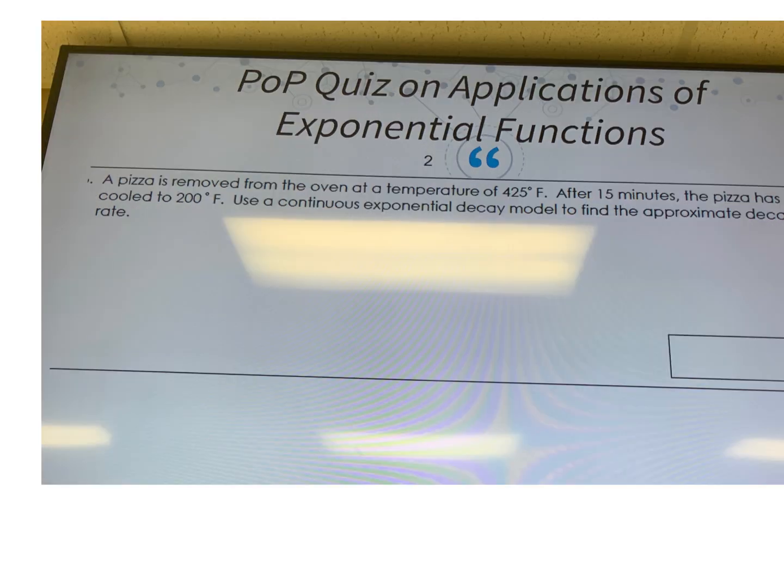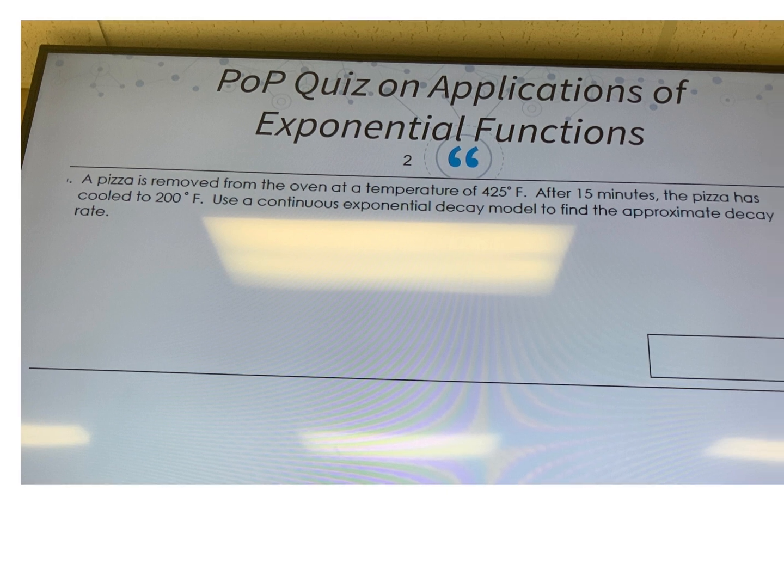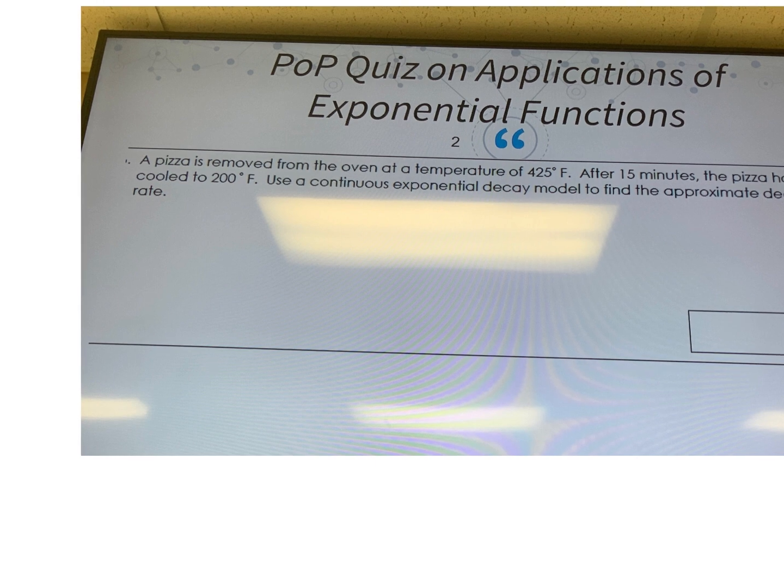So number 2 said that a pizza is removed from the oven. When it was removed, it had a temperature of 425 degrees, so it was very hot. After 15 minutes, the pizza cooled to 200 degrees Fahrenheit. Use a continuous exponential decay model to find the approximate decay rate.